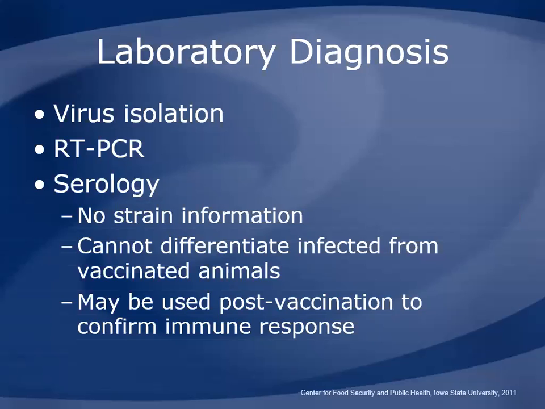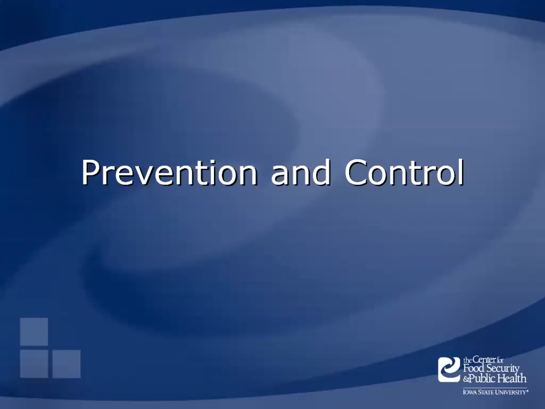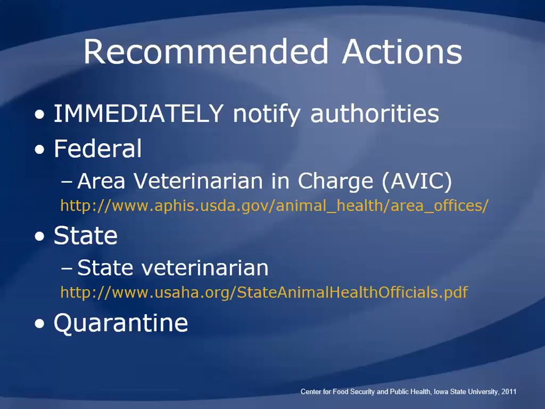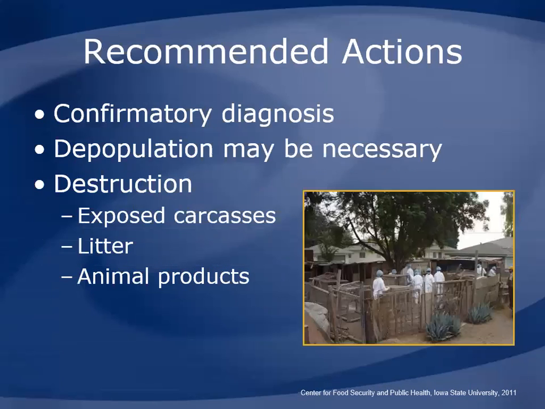How can we prevent and control this disease? First of all, we should immediately notify the authorities who are dealing with this disease. After confirmatory diagnosis, depopulation is essential, and destruction of the flock which has been exposed to this disease, litter, or animal products.